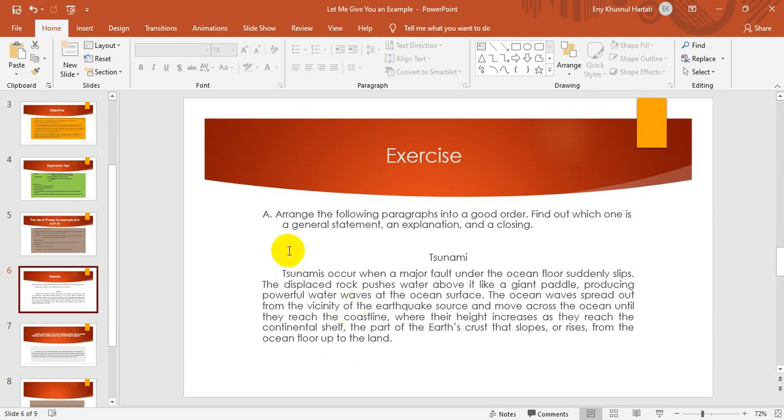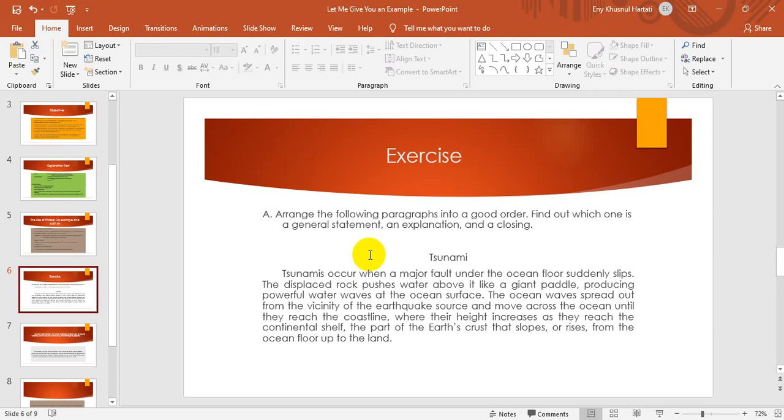To know more about what we have studied, you have the exercise. Here you have a text that's explanation text, the jumbled text.